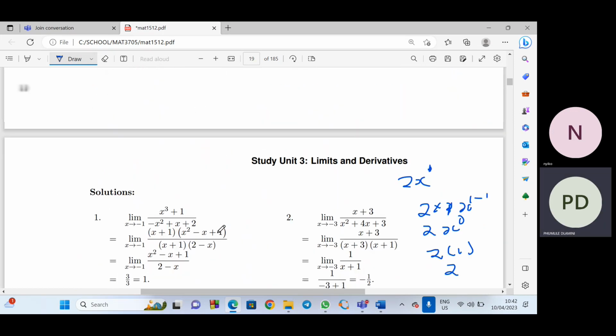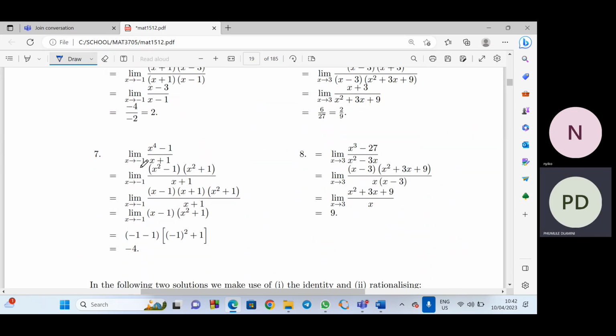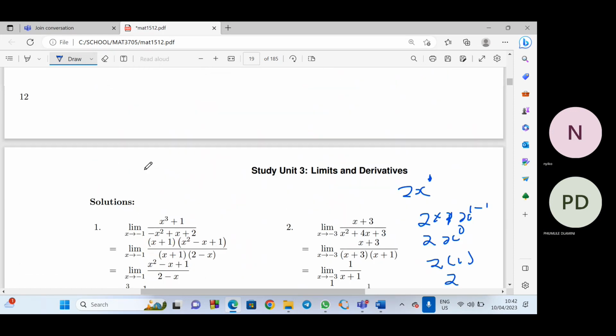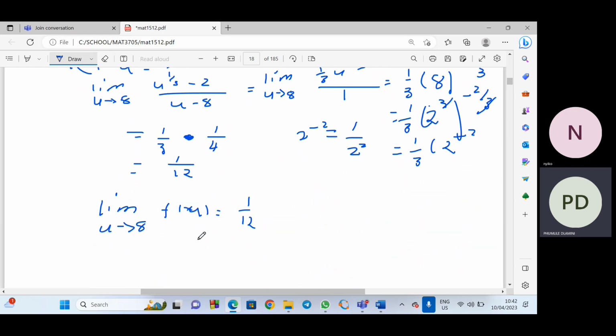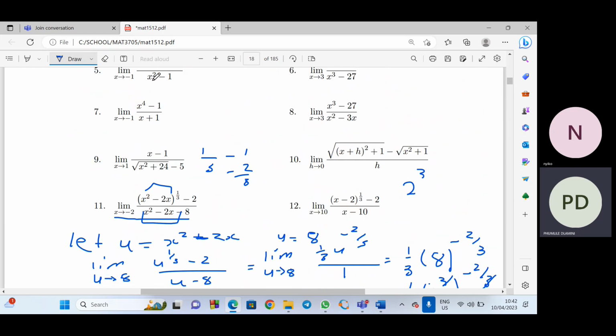So in question number 11, the one I just gave you, if you check here, you can still differentiate using the same method that I was using before. Let me erase first.